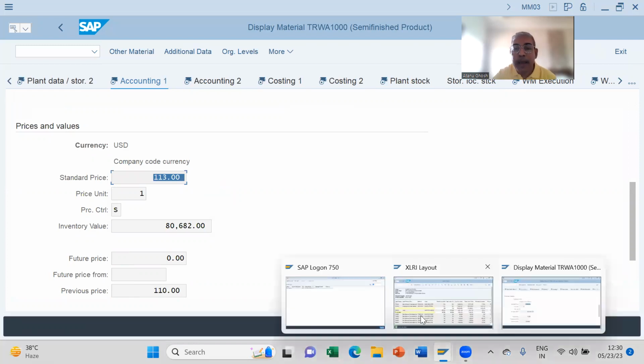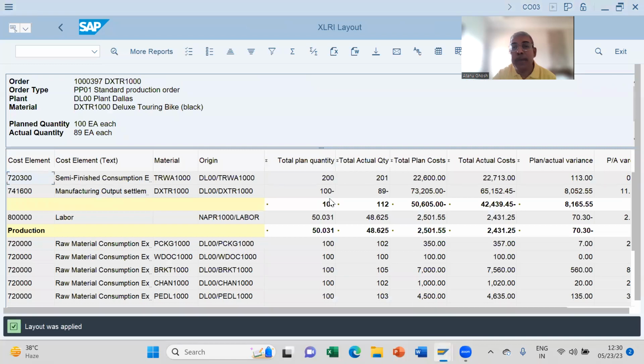If you go back, 113 rupees multiplied by 200 is 22,600. This is the planned cost of TRWA. Similarly, if you find out the standard price of DXTR and multiply that by 100, it will be 73,205.